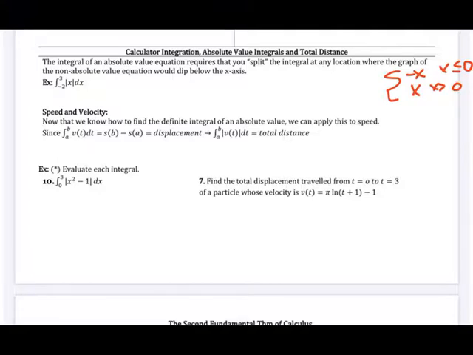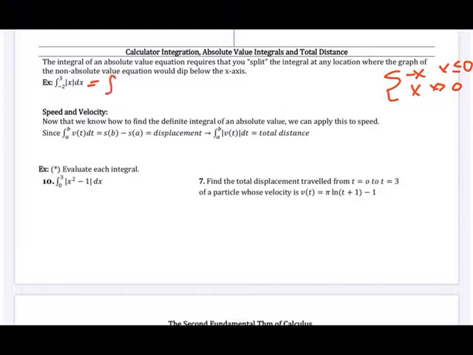Based on that, if you're integrating with absolute value, you can break it into two pieces that depend on which part of the piecewise function we're using, because we don't want to integrate when we're crossing the x-axis. So thinking about this integral, which you could 100% plug in on your calculator and get the answer to, and I would say you should do that after we do it by hand so that you can check.